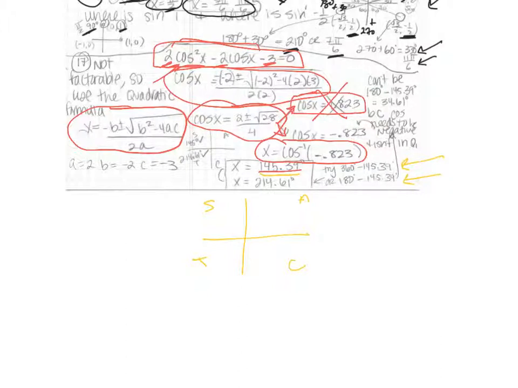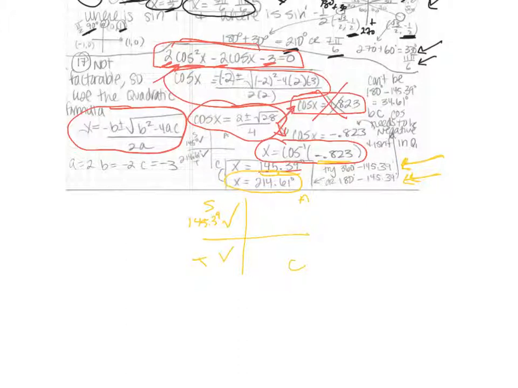We know that we're going to go with the answer 214.61, because if cos is negative, we know that cos will be negative in quadrant 2, where the degree is 145.39.